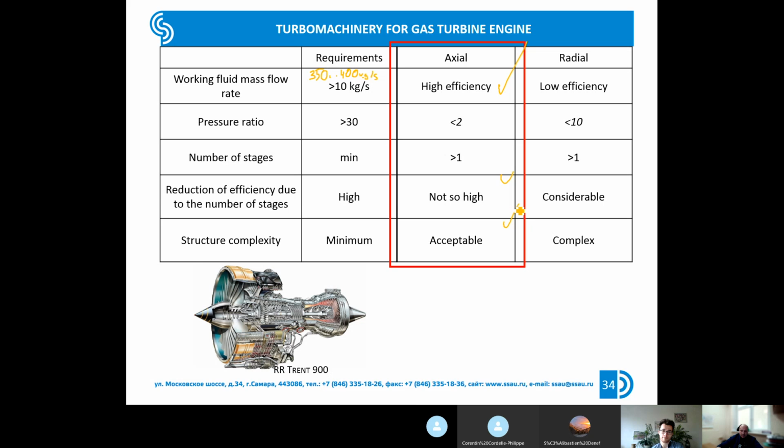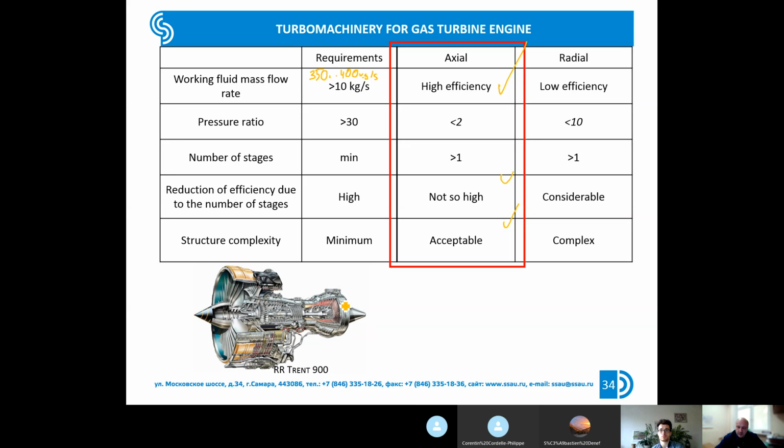At the bottom of the slide you will see an example of a real gas turbine engine. This is the Rolls-Royce Trent 900 engine, and you will see that it has axial compressors and an axial turbine. It's really a typical gas turbine engine.